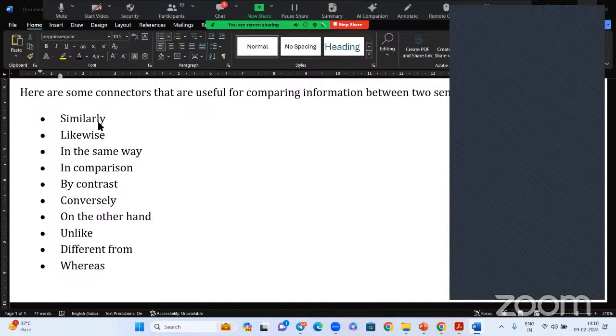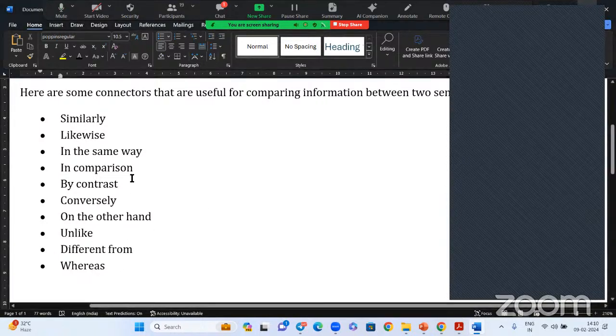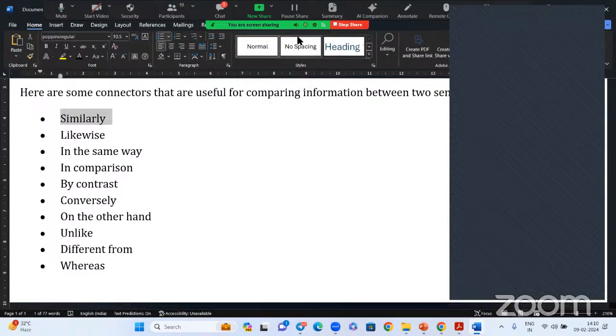Similarly, likewise, in the same way, different, unlike, whereas. So let us take some words. How can you use the word similarly in an OET writing?